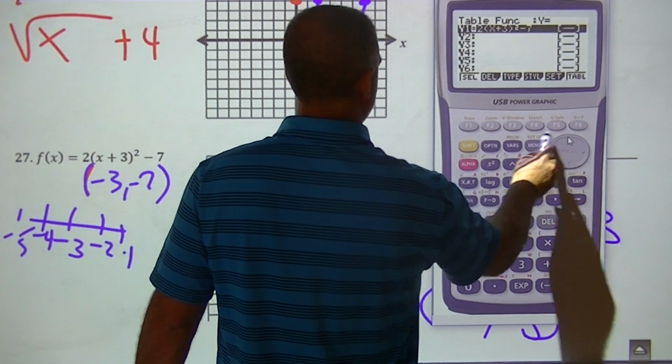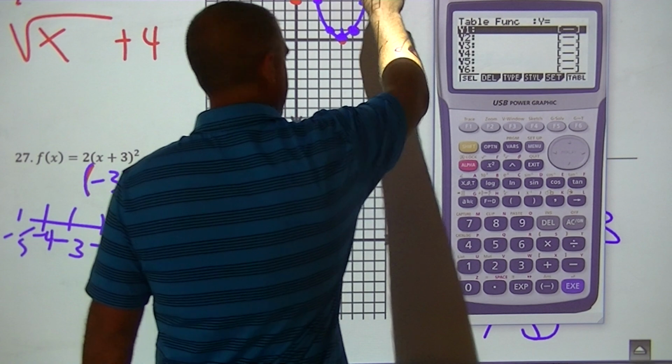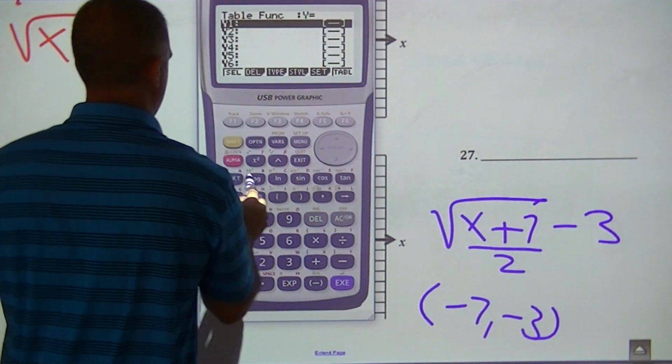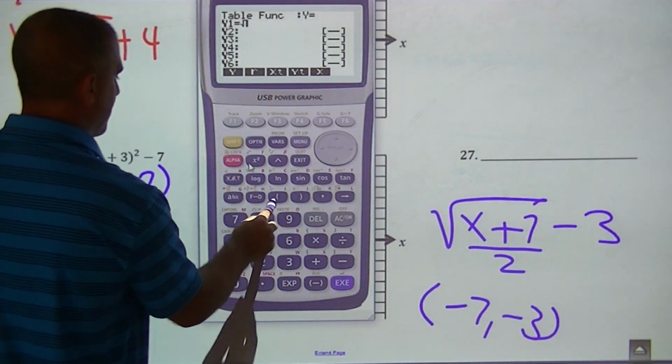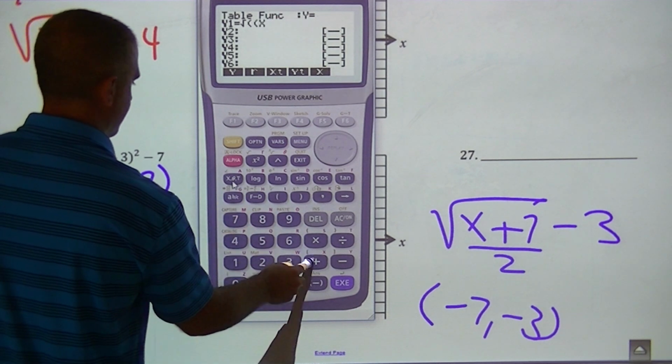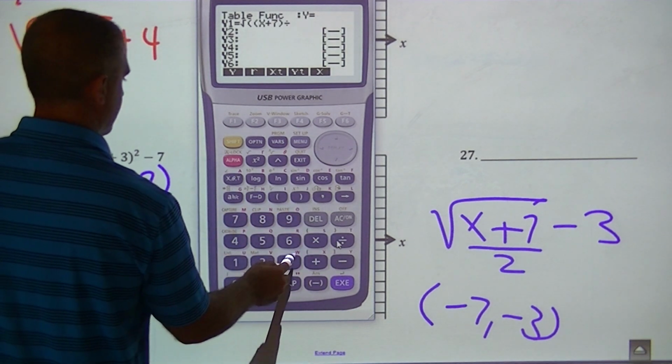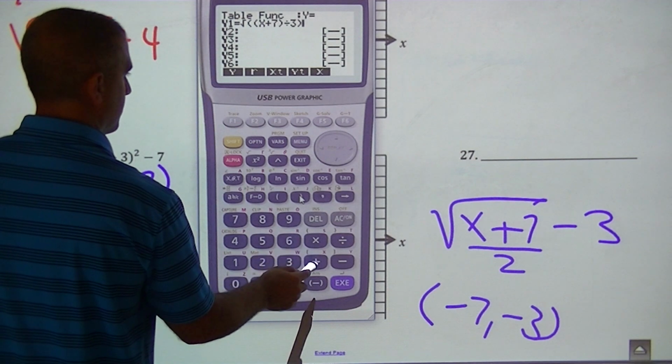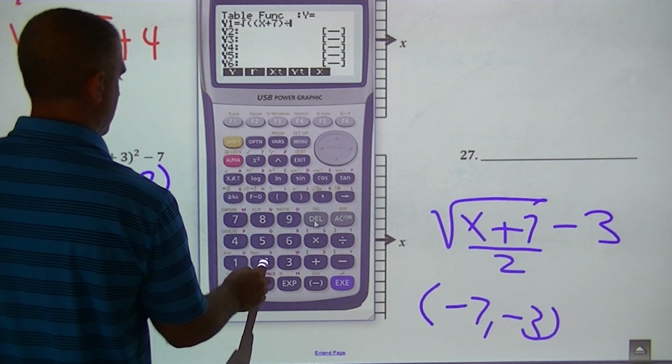Okay? So, for instance, I would do square root. Use your nice fraction button. No, divide by 2, sorry.